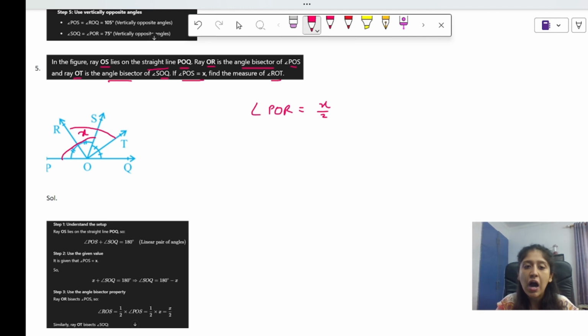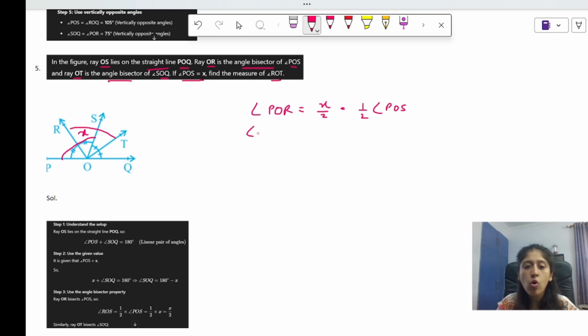So POR can be half of POS. Yes, POR is half of angle POS, so I have written X by 2. I hope this concept is clear.